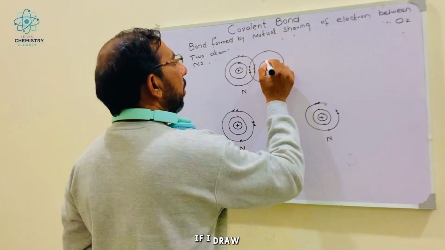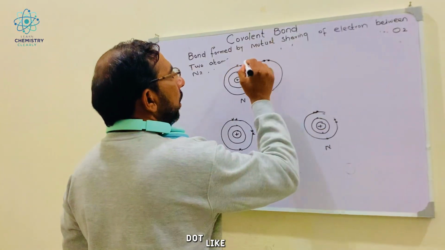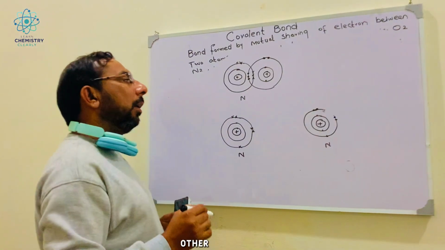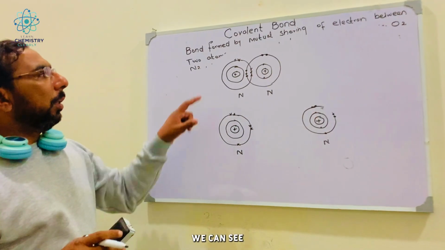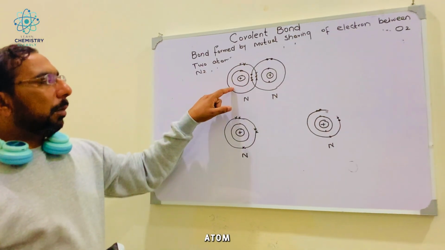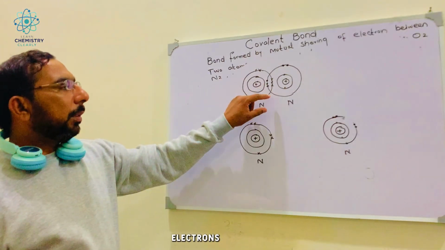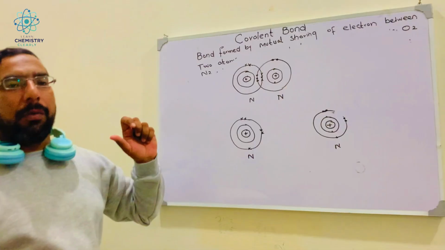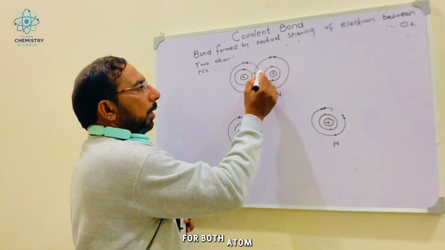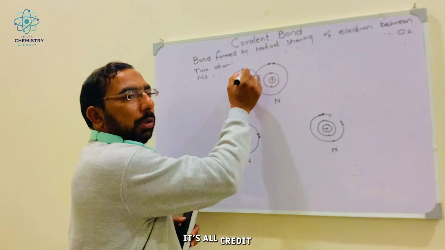Like this, if I draw its electrons with the help of dots, like this is the other nitrogen atom. And now you can see 3 electrons are provided by this atom and 3 electrons are given by this atom. There are 6 electrons. In other words, 6 electrons means 3 bonds between 2 atoms. This is common for both atoms. If it is for this atom, 6 and 2, 8, its octet is complete.